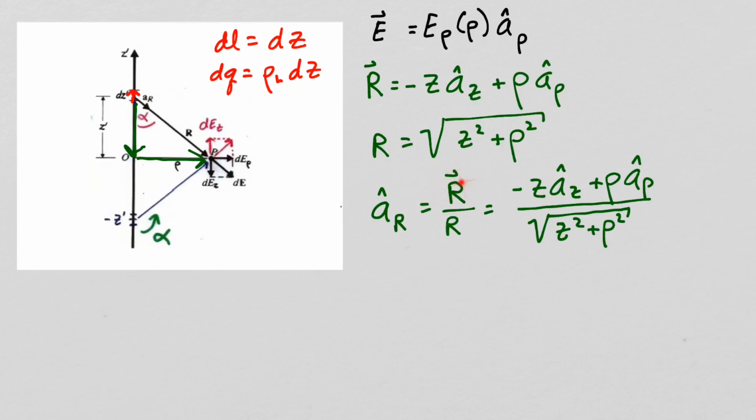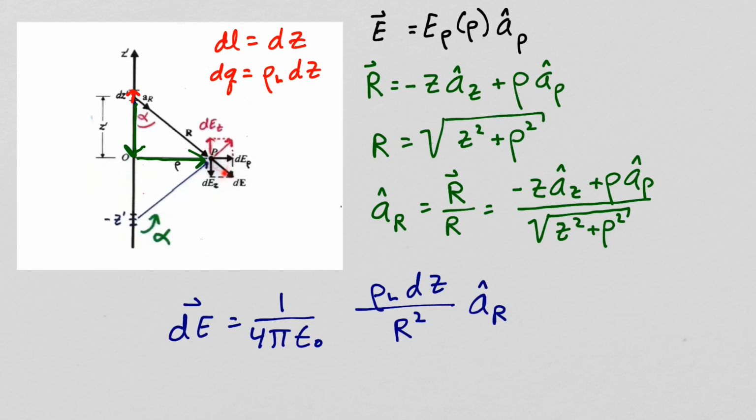So the contribution to the electric field intensity at point P, which we'll call dE, due to this dq, is equal to 1 over 4 pi epsilon sub 0 times our dq, which is rho sub l dz, over this distance squared, and it's in the a sub r direction.